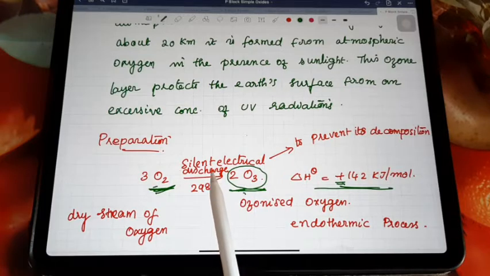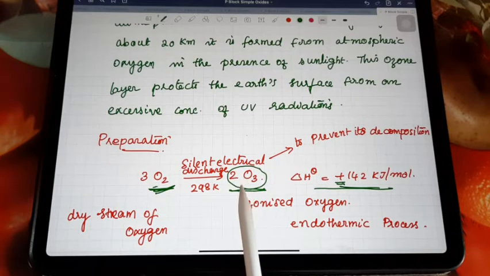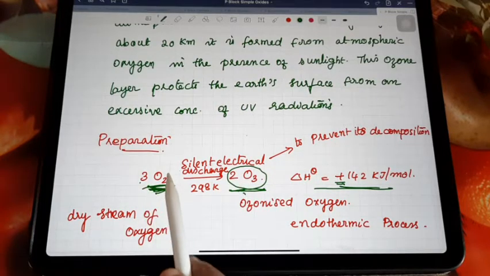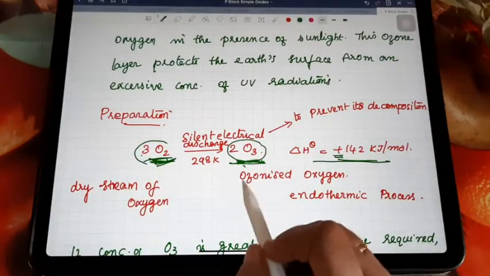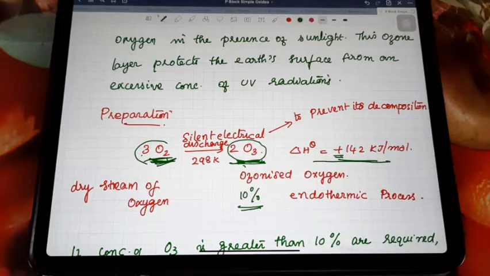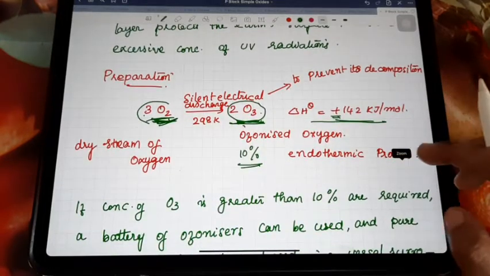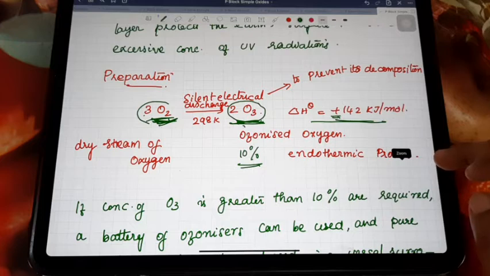This silent electrical discharge is necessary during the preparation of ozone to prevent decomposition. Due to this silent electrical discharge, we get only 10% ozone. If more than 10% ozone is needed, then a battery of ozonizers is used.